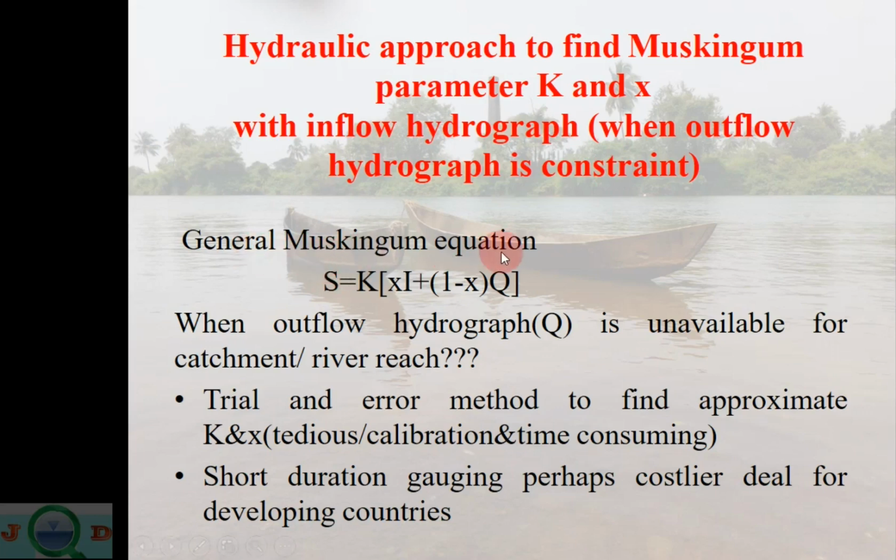So the general equation of Muskingum is that the storage is a function of inflow and outflow, where K and X are the coefficients of Muskingum, X being the weighting factor.